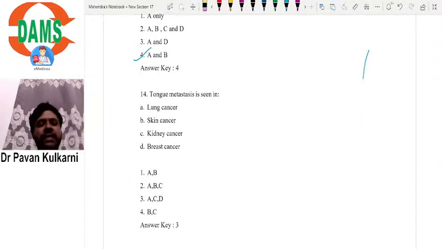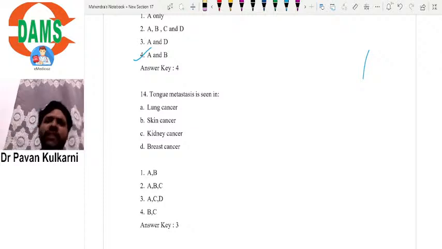Tongue metastasis is seen in. So that means which tumors can spread to the tongue? Lung cancer, yes. Skin cancer, kidney cancer, breast cancer. Skin cancers are very rare to spread to the tongue. Usually basal cell carcinoma, which is the most common skin cancer, does not metastasize.